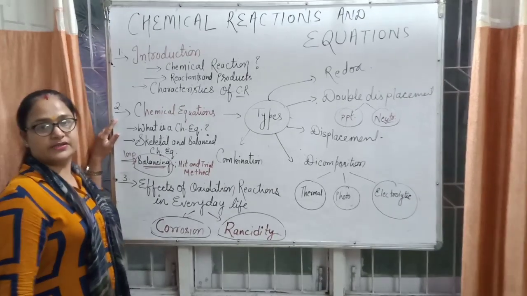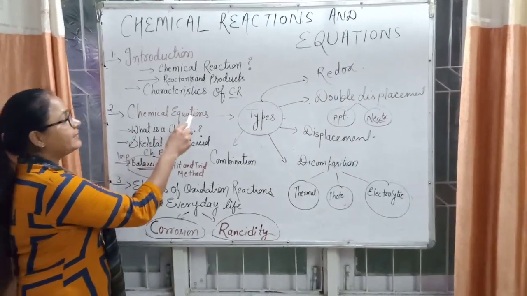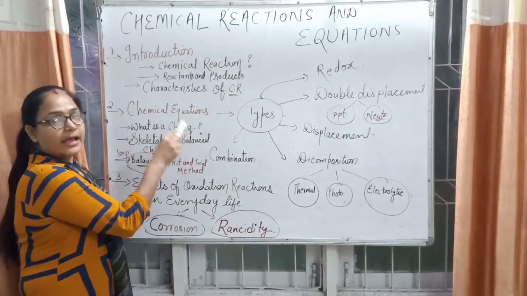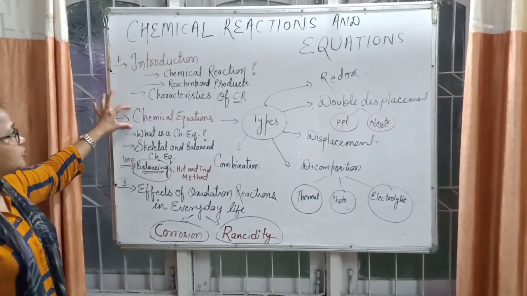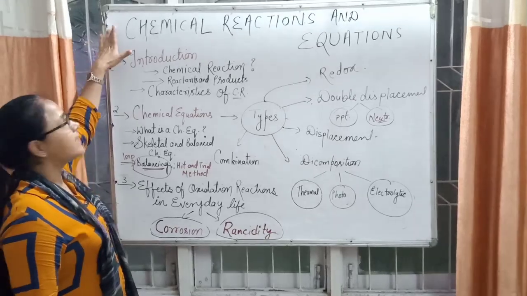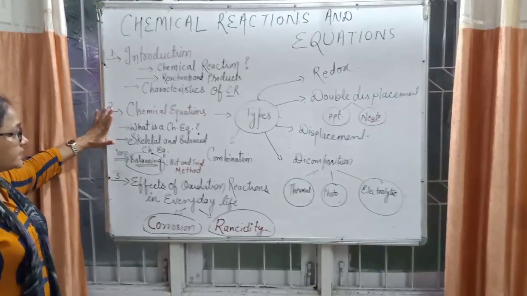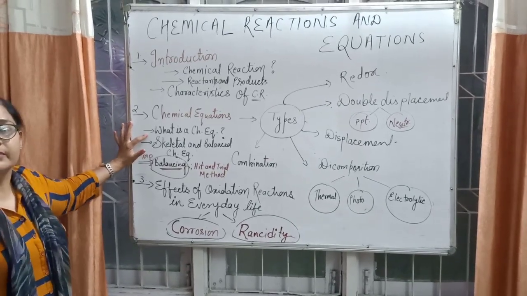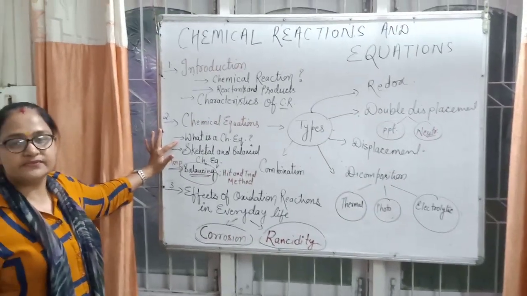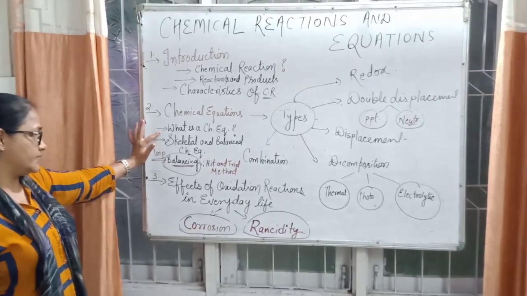Now, the second part. The second part is chemical equations. Chemical equation is the basic part of the chapter. In this, we will first take what a chemical equation is, meaning we are going to define chemical equations.